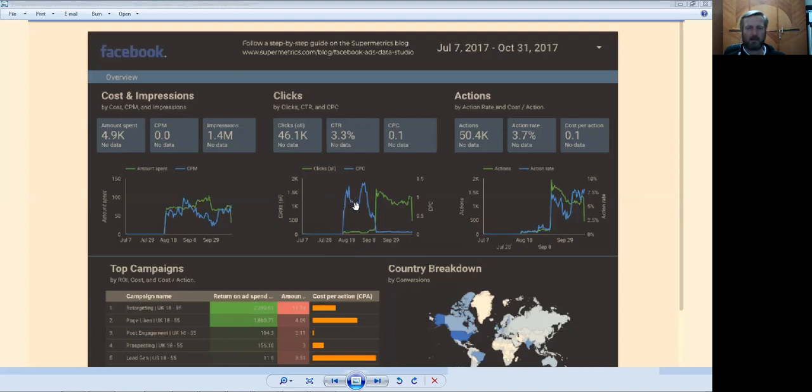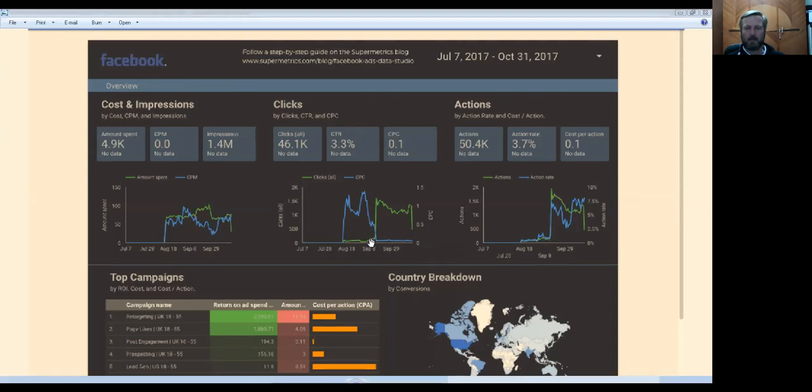So there, the advertising might have been more effective. Here it was less effective. And then all of a sudden, it seems like the company figured out where to advertise on Facebook. Because here, all of a sudden, it fell almost to the bottom. And inversely, the amount of clicks rose steeply.